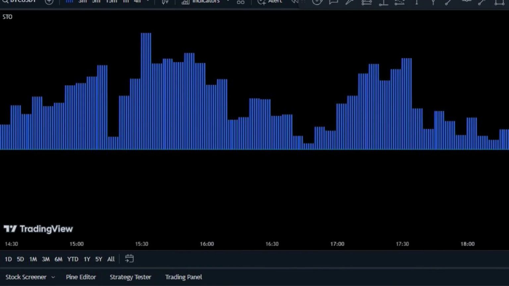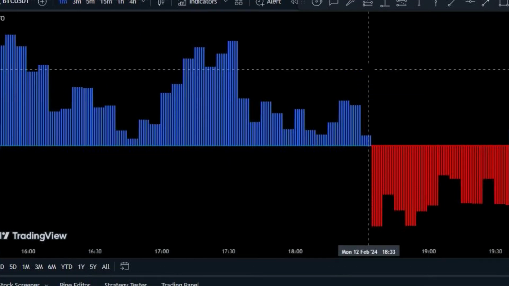This unique indicator excels at identifying trend directions. When the oscillator line is above zero, it signals a bullish trend, while a line below zero confirms a bearish trend.